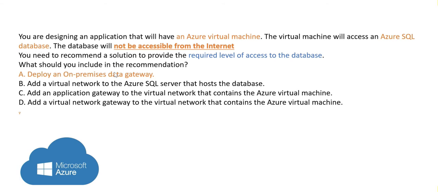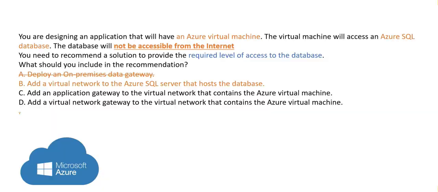That's why data gateway is not of much use. Plus, it also says we will have an Azure virtual machine. From the Azure virtual machine, you have to provide this access. So we are not talking about on-premises here. Azure virtual machine is on the cloud. Hence, A is wrong.